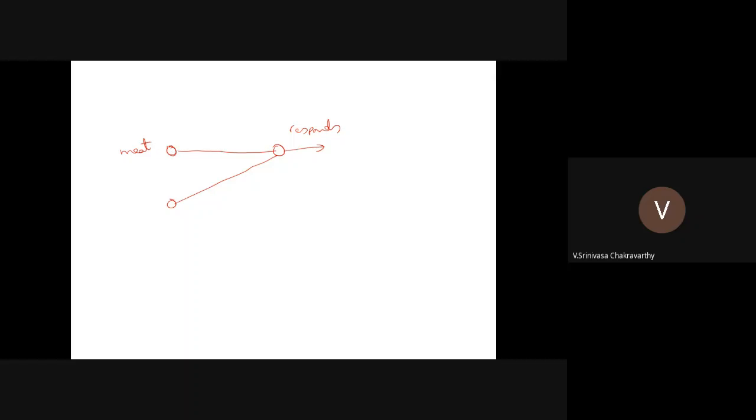Initially, there's a neuron which responds to the presentation of meat, and that leads to activation of some other neuron which controls salivation. I call this the salivation neuron, and this is the meat neuron. When the meat neuron gets activated because of presentation of meat, it will send a signal. This connection is initially very strong. It will send a signal to the salivation neuron, and salivation occurs.